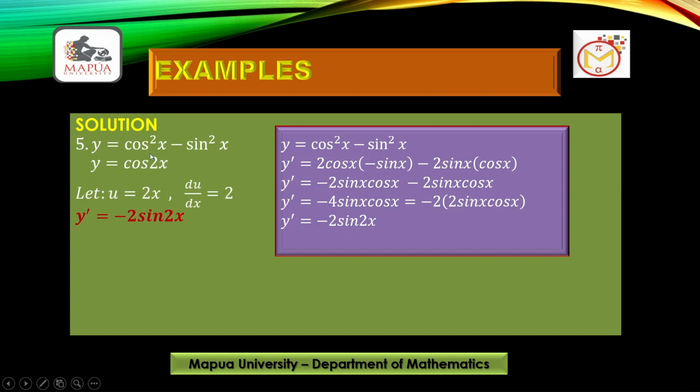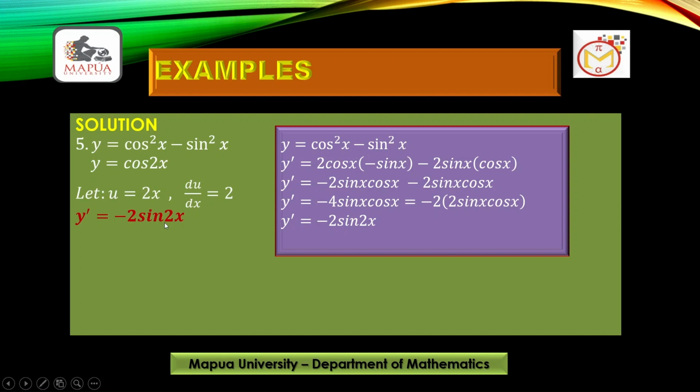Therefore, the angle here, which is our u, is 2x. And the derivative of that u with respect to x is 2. Then the derivative of y, y prime, is: derivative of cosine is negative sine u. So we have negative sine 2x times the derivative of u, 2. So our answer is negative 2 sine 2x.